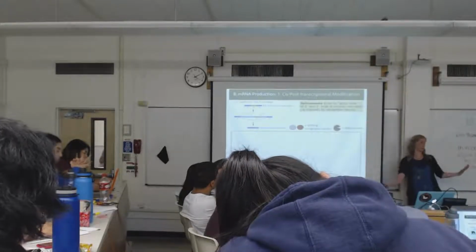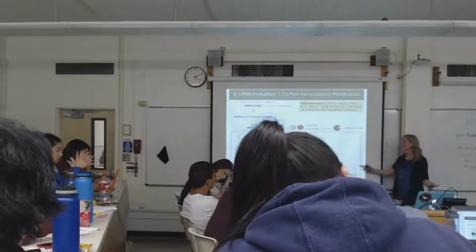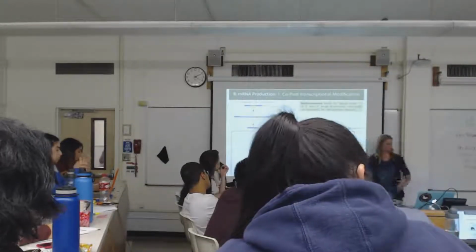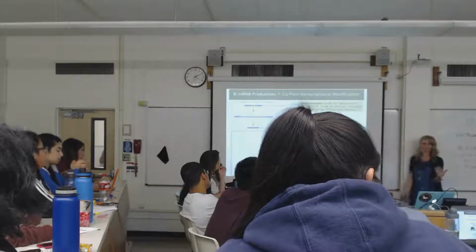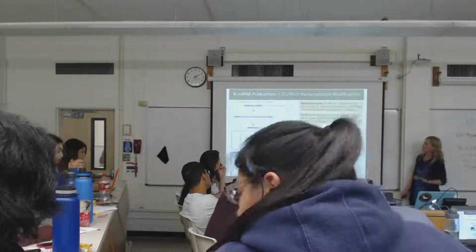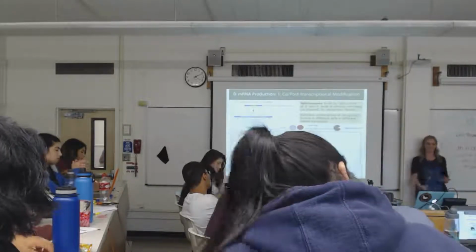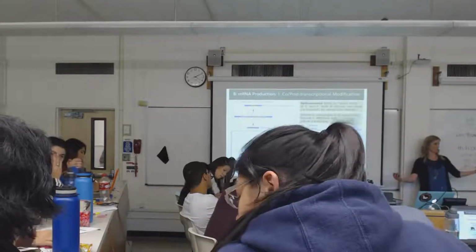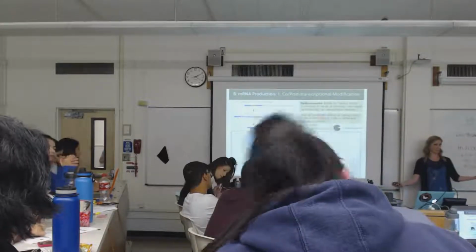So there are a ton of different types of recognition factors. In my example, we have red and we have pink, so these represent 2 different recognition factors. Different combinations in different cells can lead to differential splicing, different mRNA transcripts.